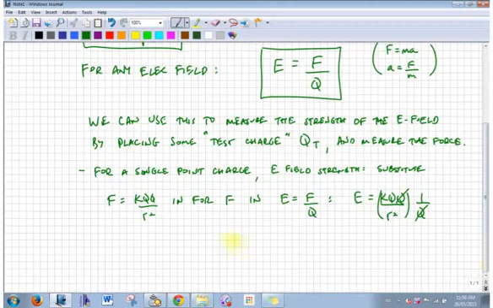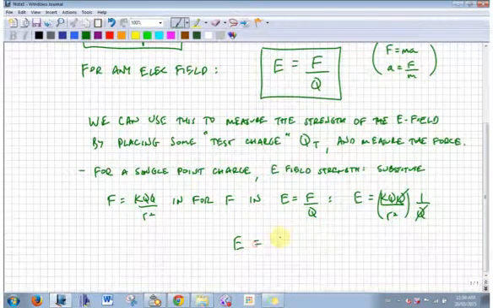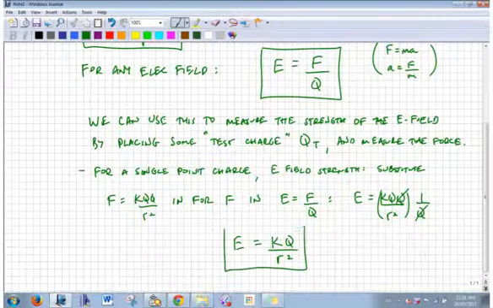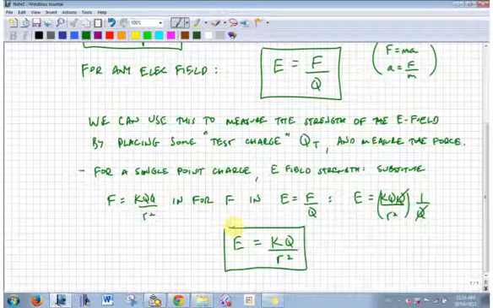So there's another formula. Electric field is K Q over R squared. Okay?